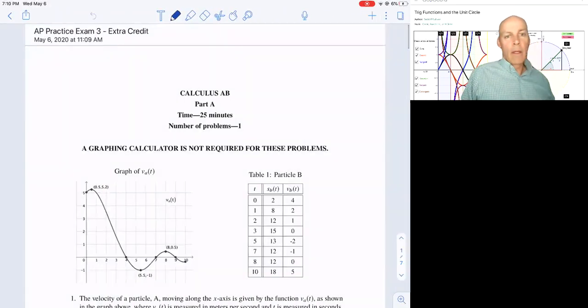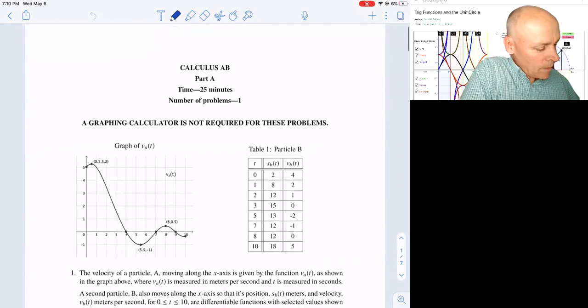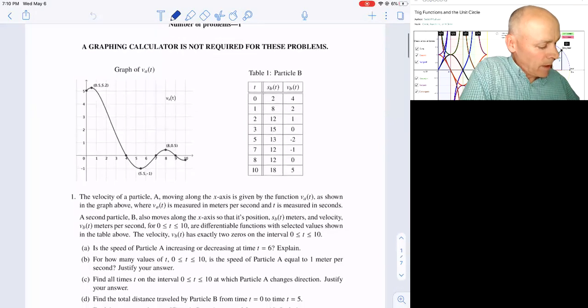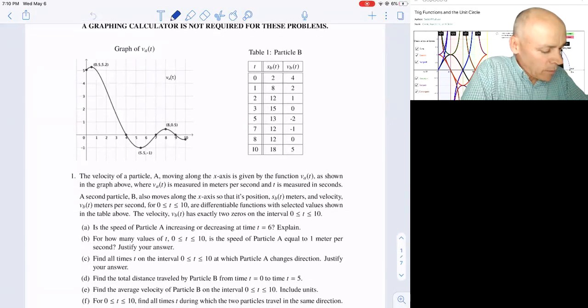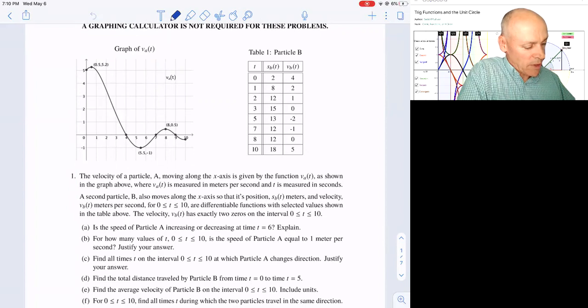Okay, all right, so question 1. The velocity of particle A moving along the x-axis is given by the function VA of t, shown in the graph above, where VA of t is measured in meters per second and t is measured in seconds.